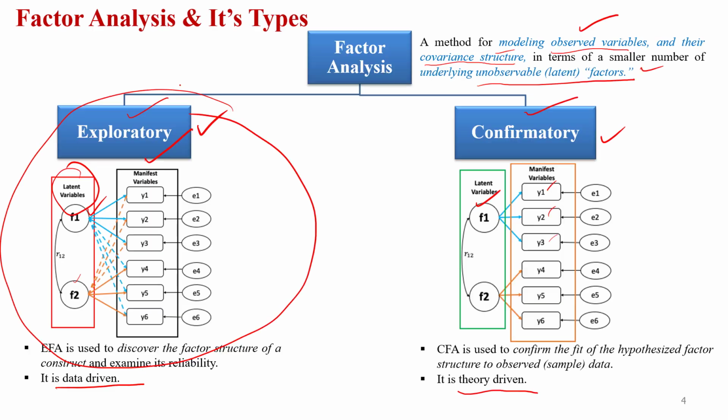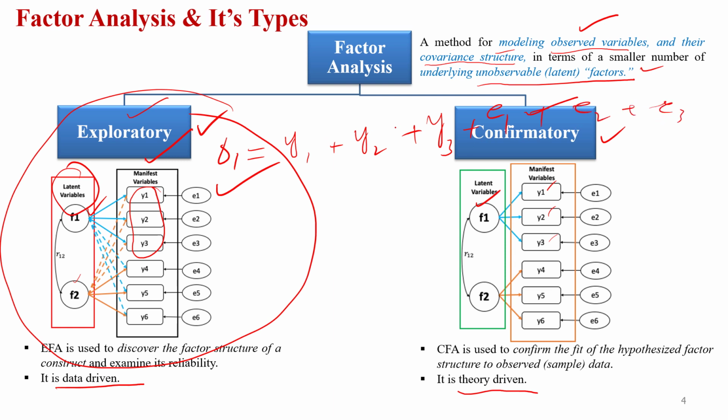As you have seen from this model, or graphical representation, we can write down, if f1 is a factor represented with the combination of these three observed variables, f1 is equal to y1 plus y2 plus y3, and then there are errors as well: error 1 plus error 2 plus error 3.